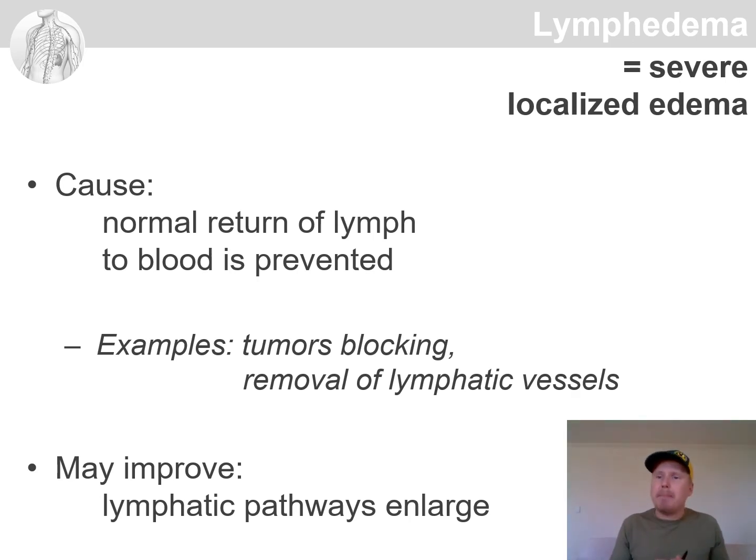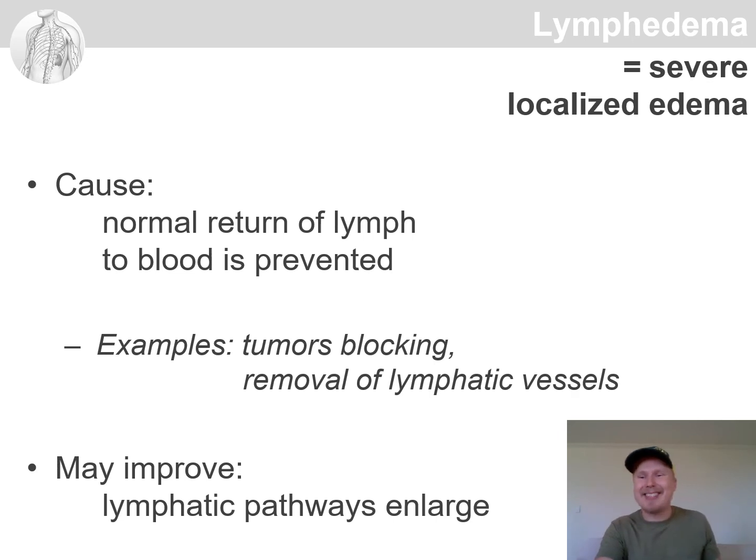And some examples of causes include tumors blocking the lymphatic vessels or removal of lymphatic vessels during cancer surgery. And the future outcome may not be that gloomy if some of the lymphatic pathways have remained in that area and they end up enlarging to compensate for the loss of other vessels from the site.